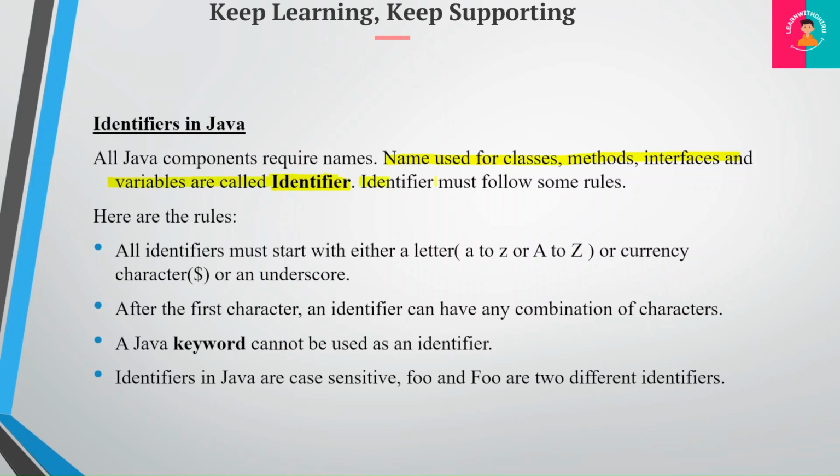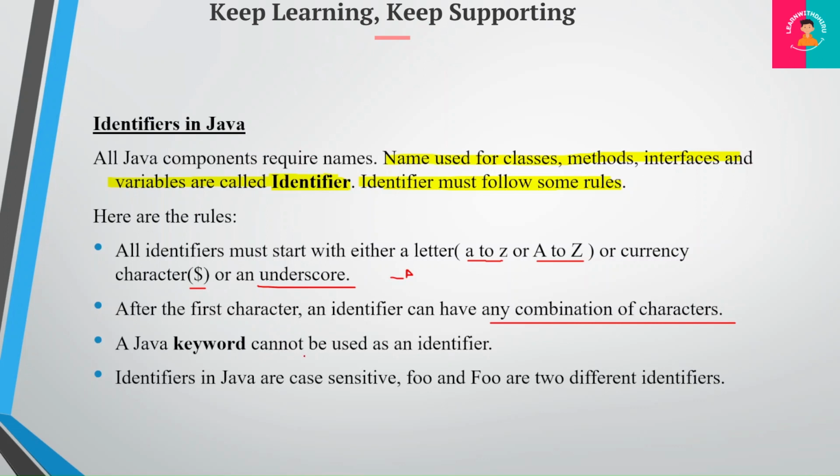Identifiers follow some rules, so let's see what the different rules are. All identifiers must start with lowercase a to z, uppercase A to Z, or a currency character like dollar, or an underscore. After the first character, an identifier can have any combination of characters.